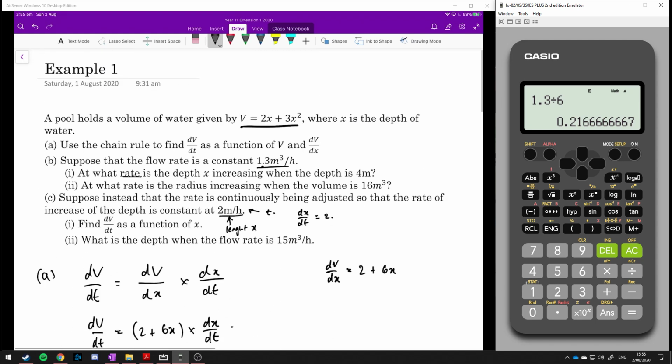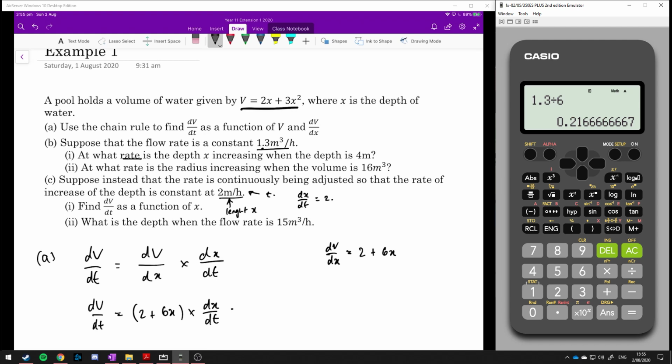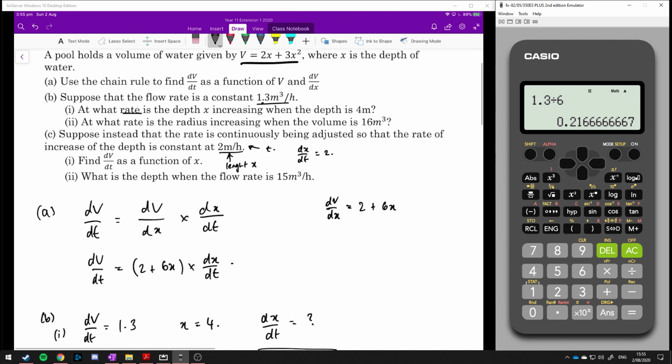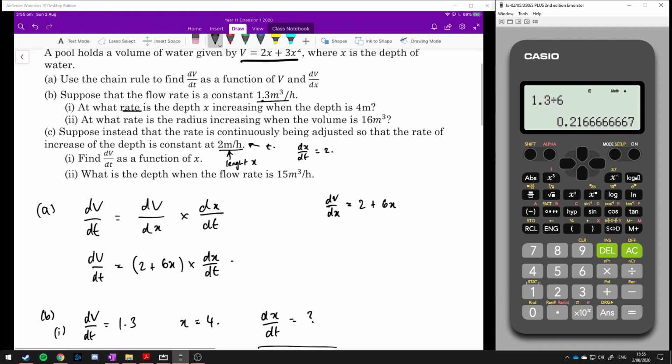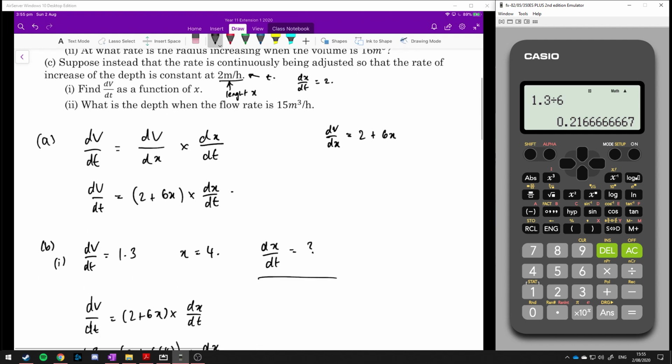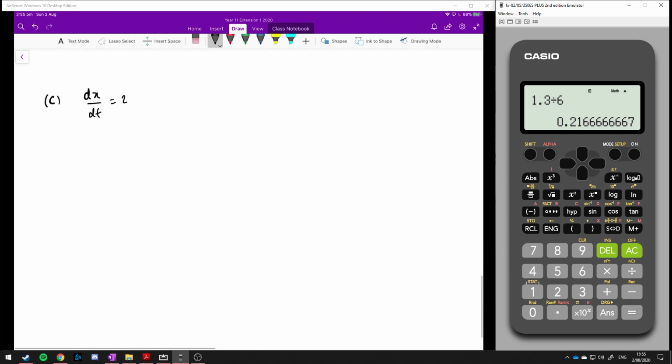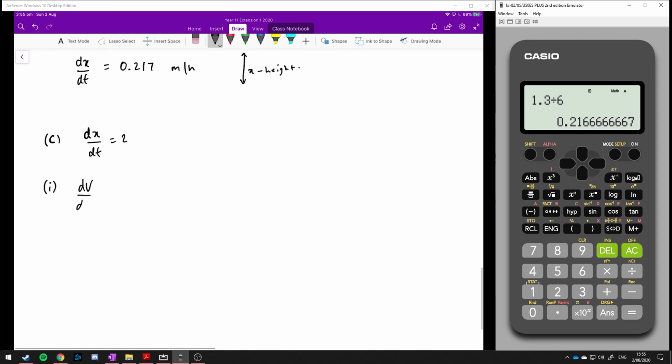Scrolling back up. Now find dv dt as a function of x. So we're going to substitute our new dx dt into our formula. So this is part I, dv dt is equal to, now remember, if v was 2x plus 3x squared, then dv dx is equal to 2 plus 6x.